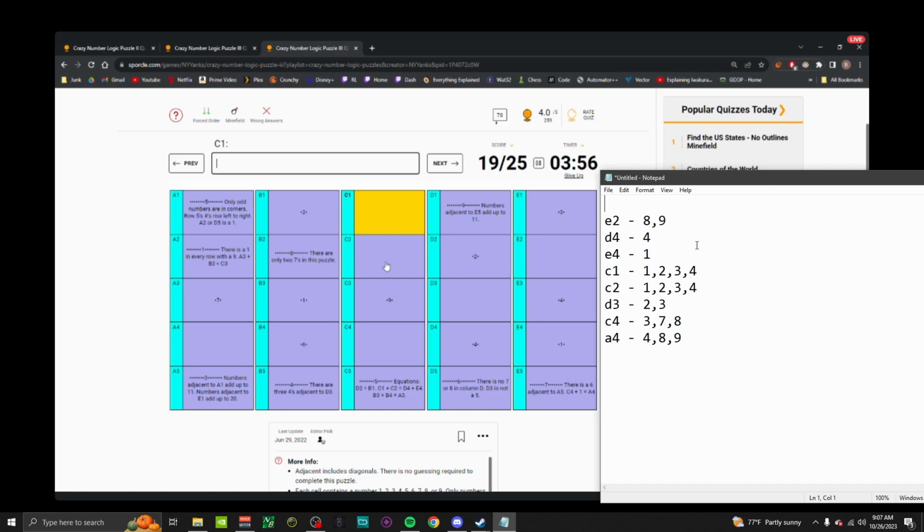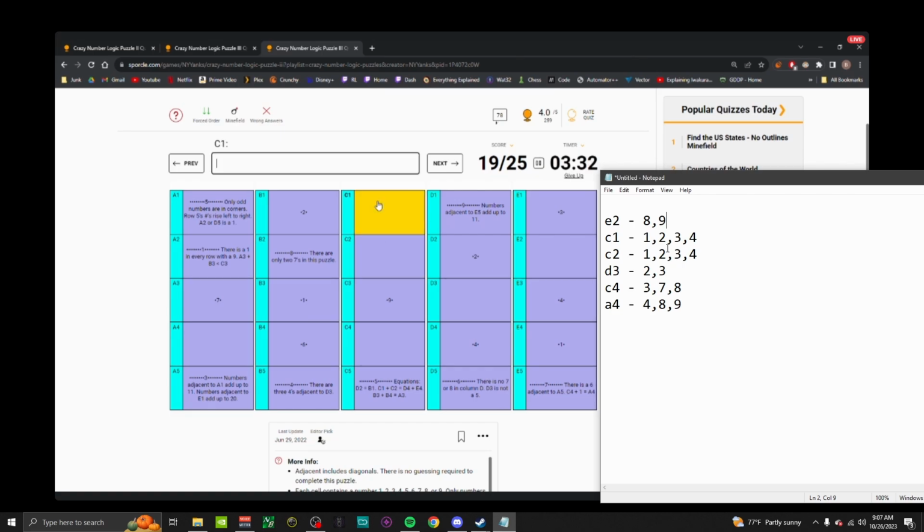Hold on. Let me catch up real fast. I'm still deleting stuff we don't need anymore. Already solved it. What? What's going on? C1 plus C2 equals D4 plus E4. So 5. Which means this has to be 1 and 4, 2 and 3. But it can't be 2 or 3 in either.